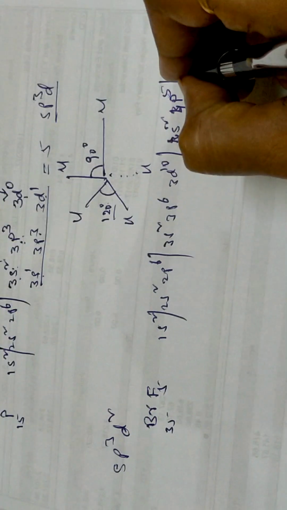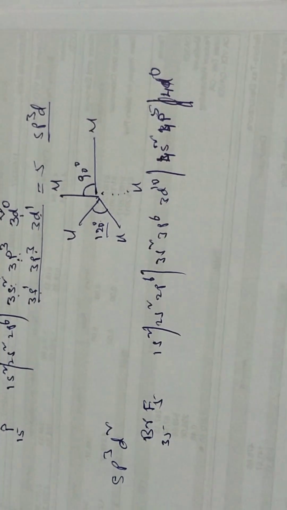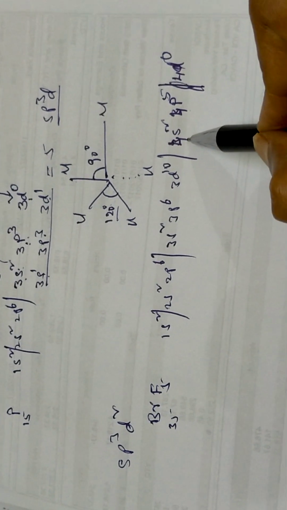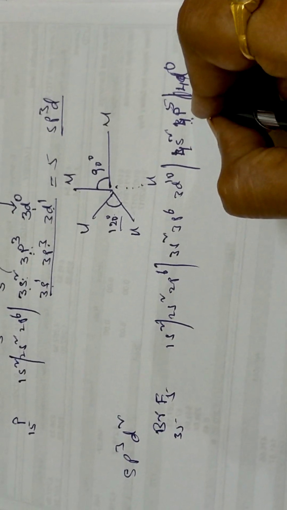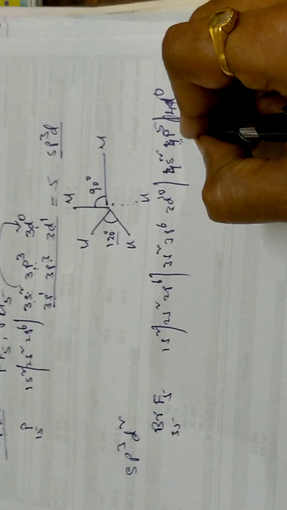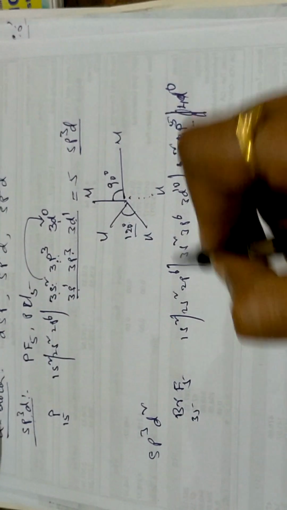And 4d is 0. Here s is full. In p, out of the 3 orbitals, 2 are paired and only 1 electron is available.